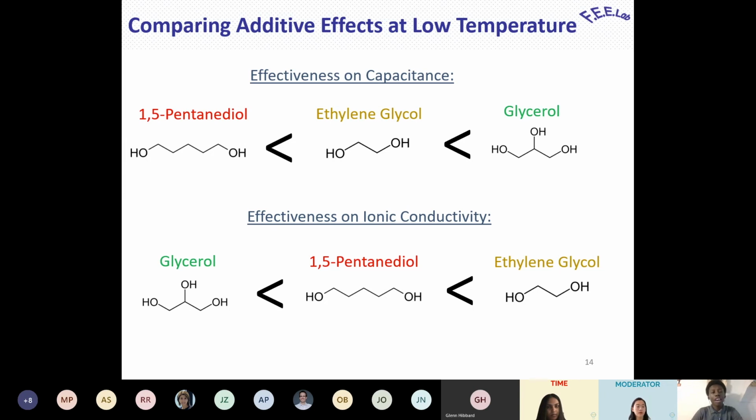And similarly, for ionic conductivity, the trend is a little different, because glycerol is the most polar structure, but it has the worst effect on ionic conductivity compared to the other two. So that's why more research should be done to understand these effects best. So for this slide, I just wanted to shed light on the fact that the structure influences these effects.